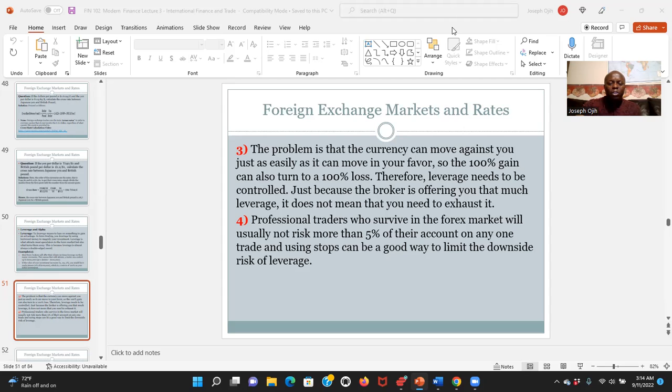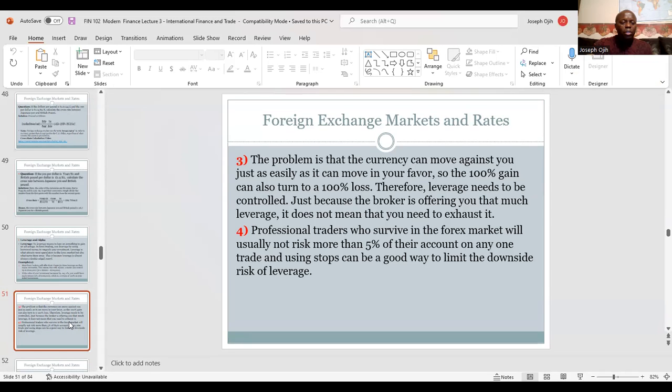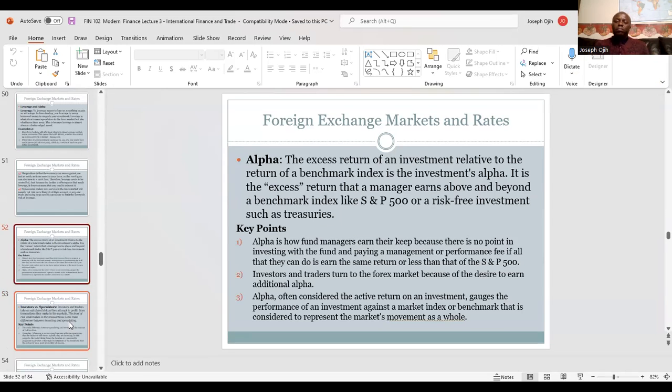topic in our discussion, which is alpha. Simply put, alpha is a return on investment, but it actually gauges the performance of an investment against a market index or benchmark that is considered to represent the market movement as a whole.